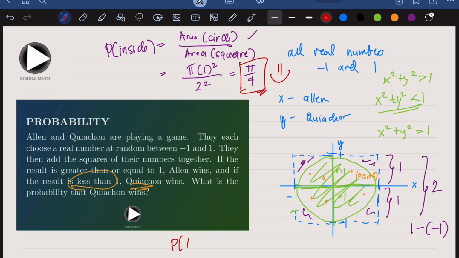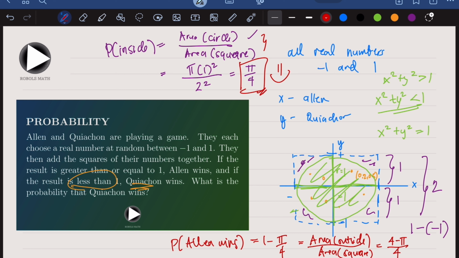So P(Alan wins) equals 1 minus pi over 4. Essentially, using the same concept, that will be equal to the area outside divided by the area of the square. The area outside must be the area of the square minus the area of the circle, so that's (4 minus pi) divided by 4. And that's of course equal to this value as well.